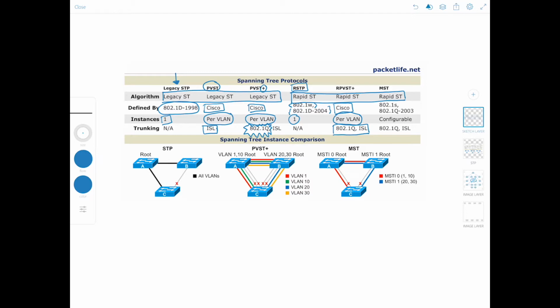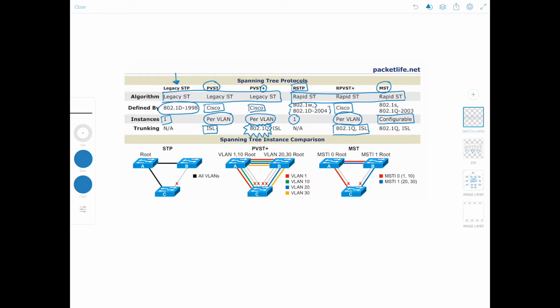So you can tell that MST is different from the others because the number of spanning tree instances is not tied to one single instance or per-VLAN instances.